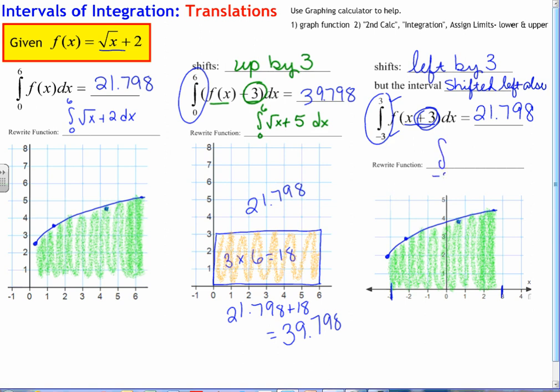This function would look like -3 to 3. F of x plus 3 would mean that my function really looks like x plus 3, plus the 2 on the outside. That's what that function changed into, didn't it?